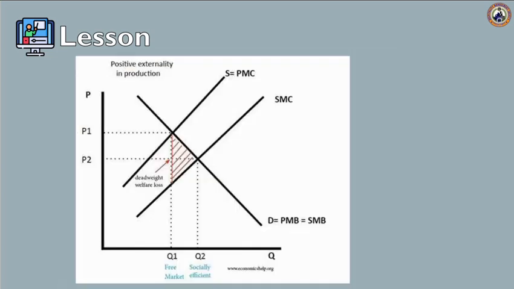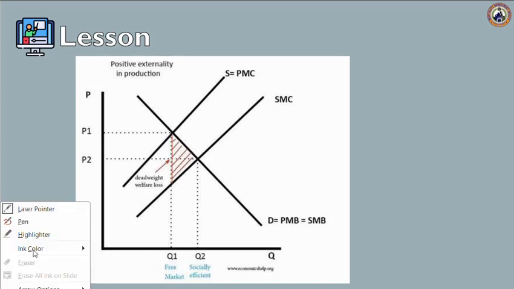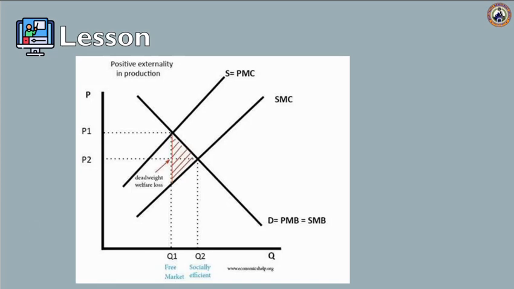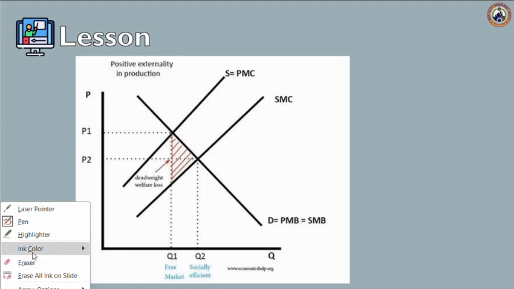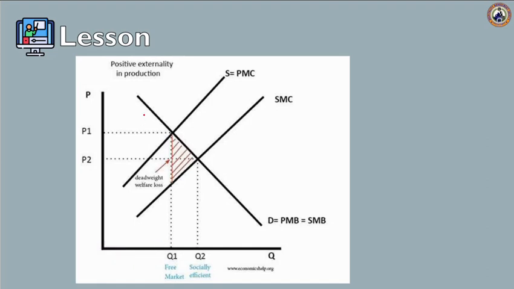I'll show you a graph here, an example of positive externality. And we will focus in the area of production. Positive externality in production. This line represents the free market.